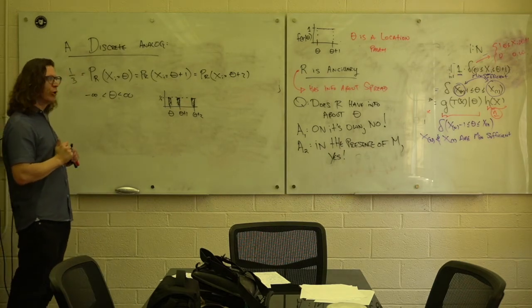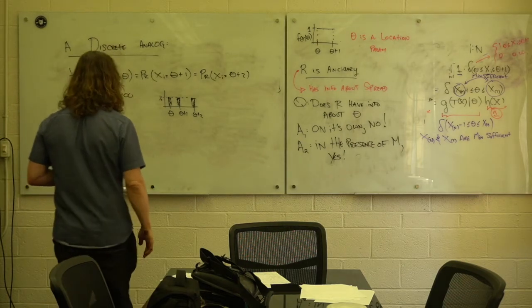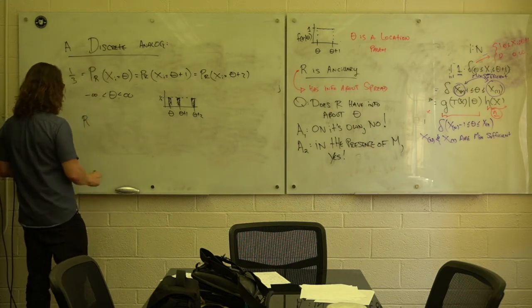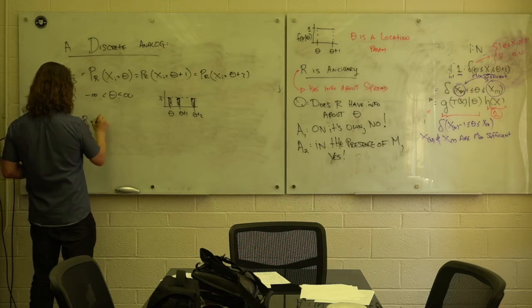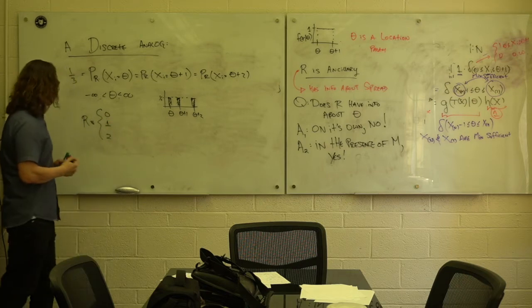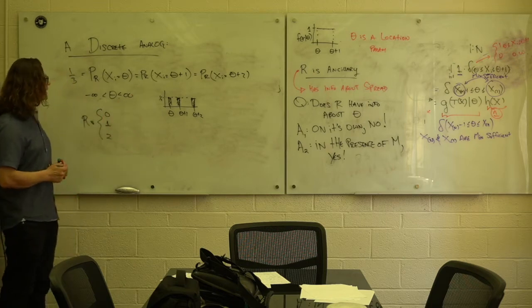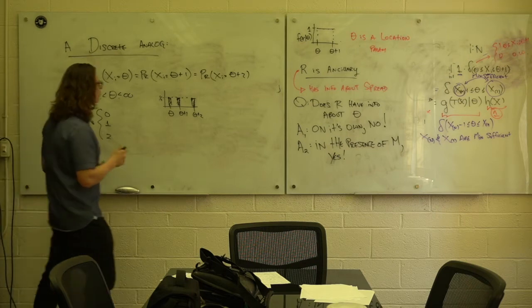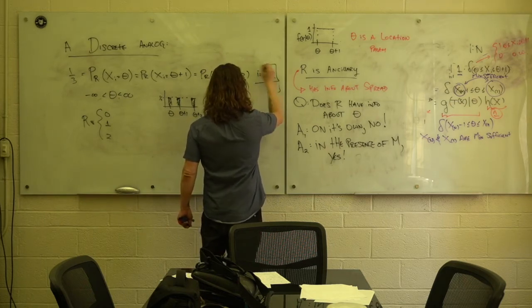I just want to show you that R does have some information, but I need to tell you what M is. So R can be one of three things: 0, 1, or 2. Let's say we sample 2 times, so i goes from 1 to 2, just to simplify everything.